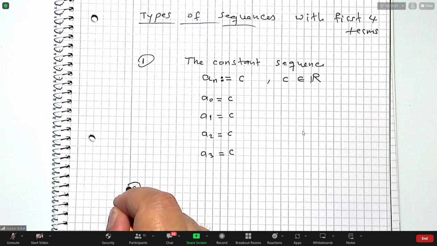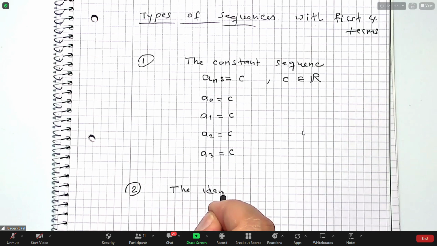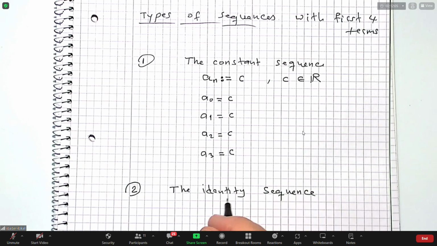Now, the second type is what we call the identity sequence. It's called the identity because it's defined to map each AN to this N, okay?